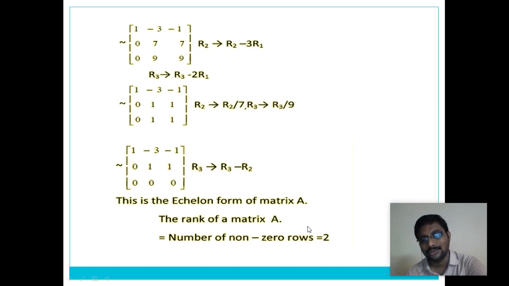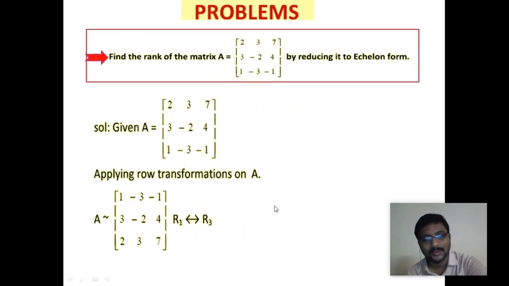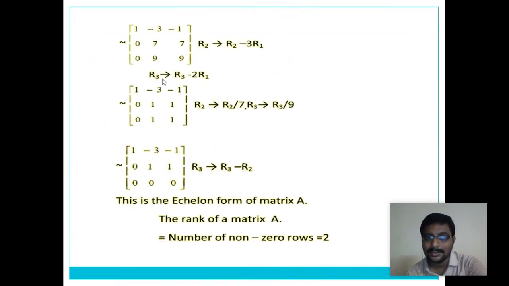So rank is 2. So dear students, the procedure to find the rank of the matrix is so simple. We just have to reduce the matrix into row echelon form. For this, the first non-zero entry should be 1. So interchanging the first row and the last row, and to get zeros we apply the row operations.